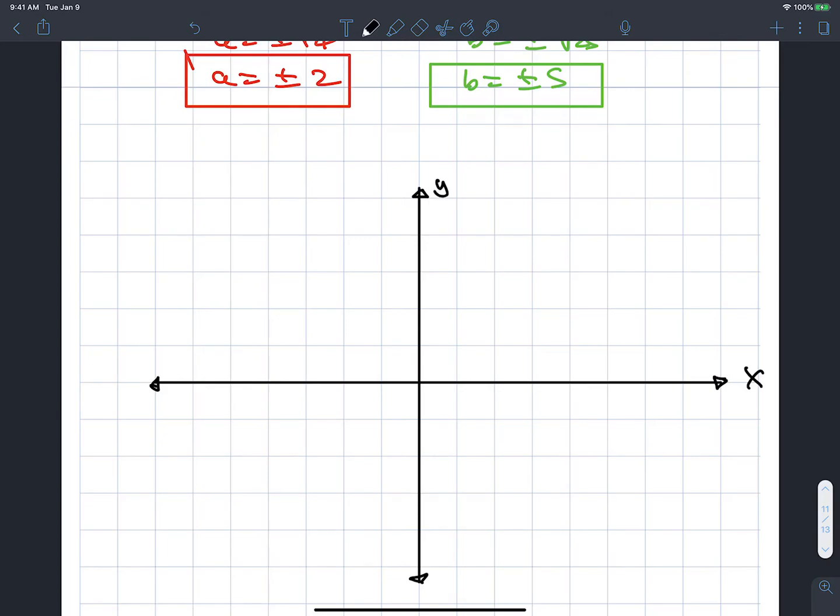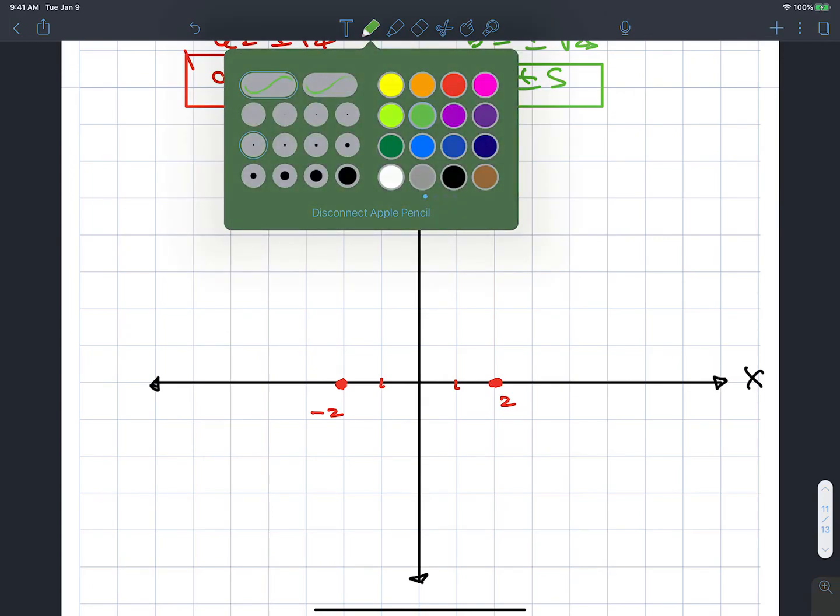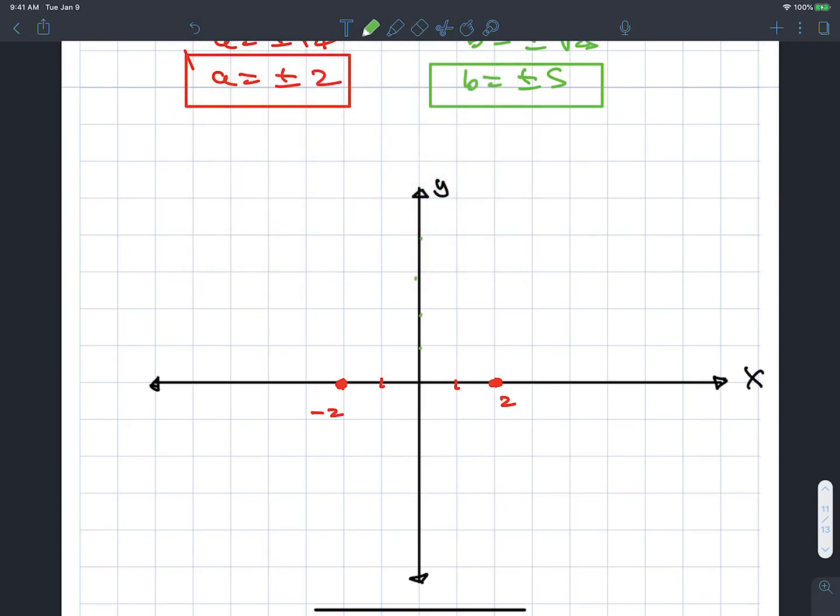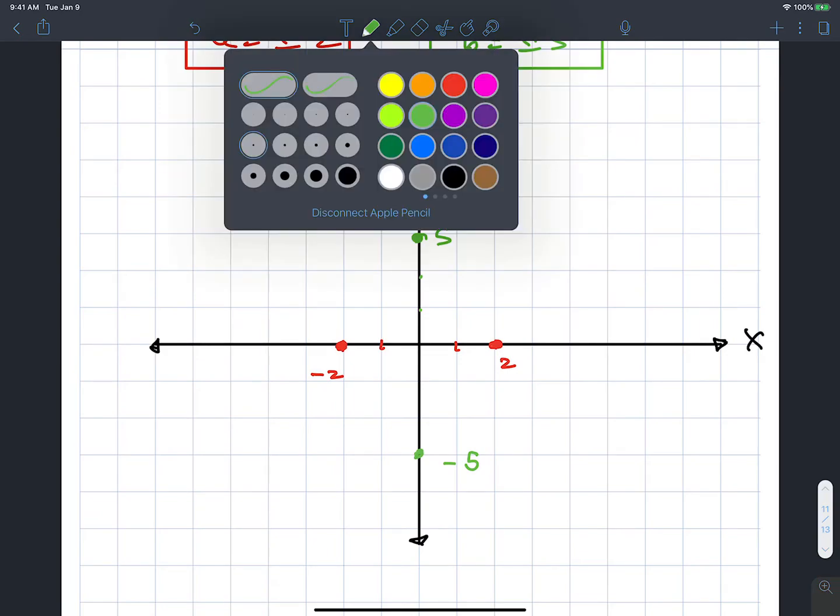X-axis, y-axis. The a values: 1, 2, and then -1, -2 right here. And then your b values are going to be 1, 2, 3, 4, 5. I'm not going to do it to scale. I'm going to say this is 5, and this is going to be -5. It's not to scale. It's a sketch. Draw your box, right?